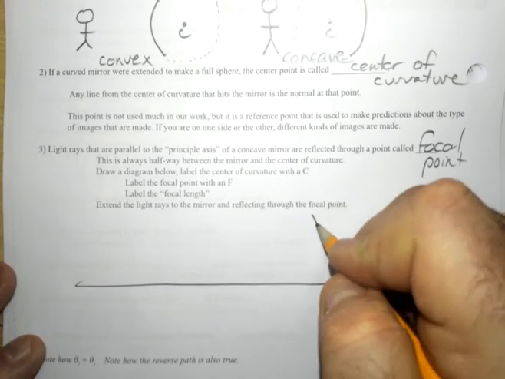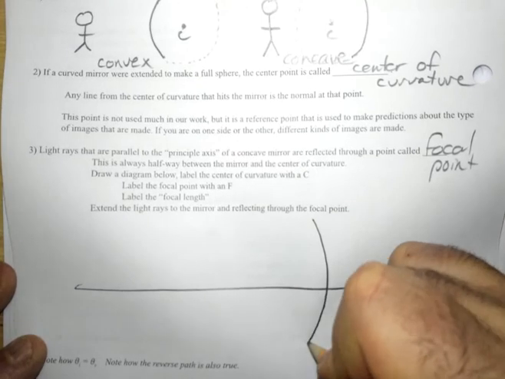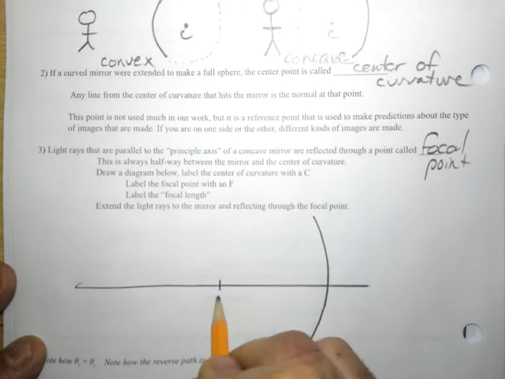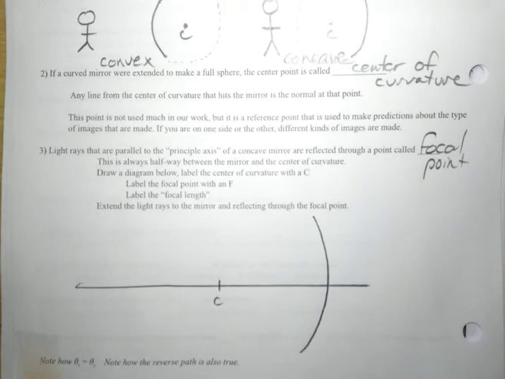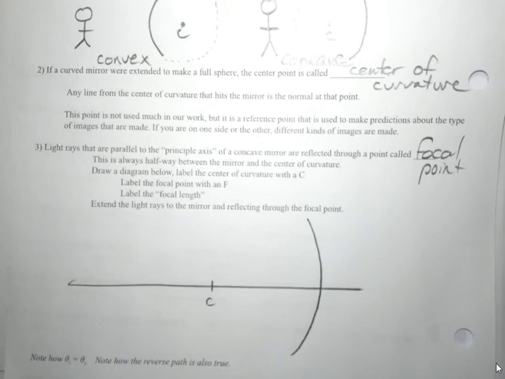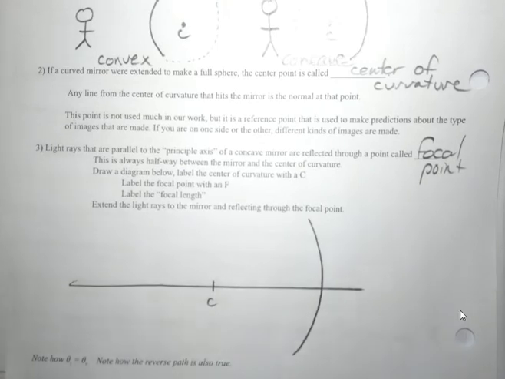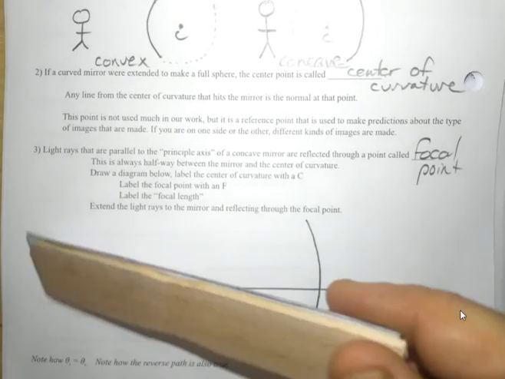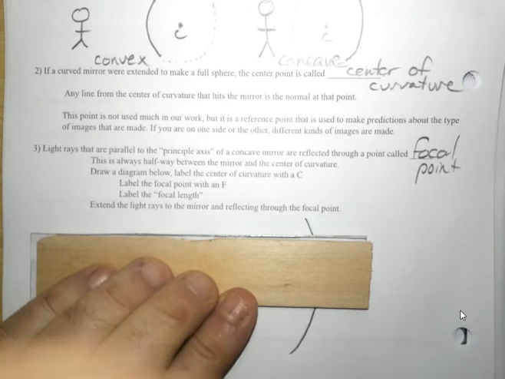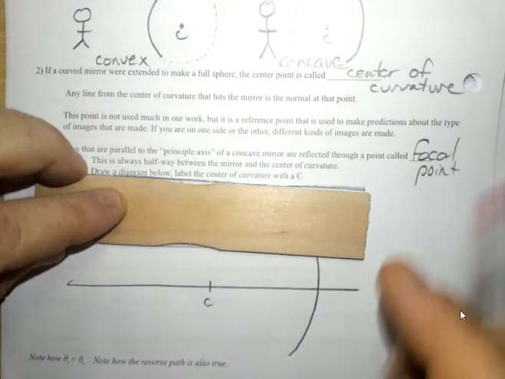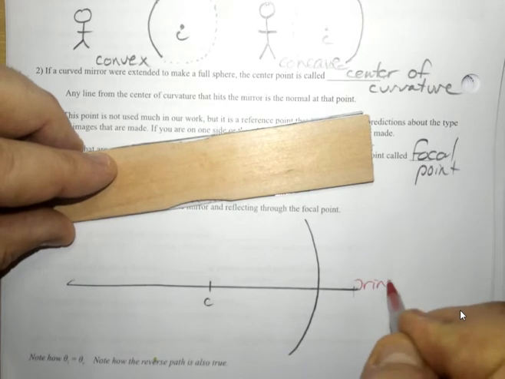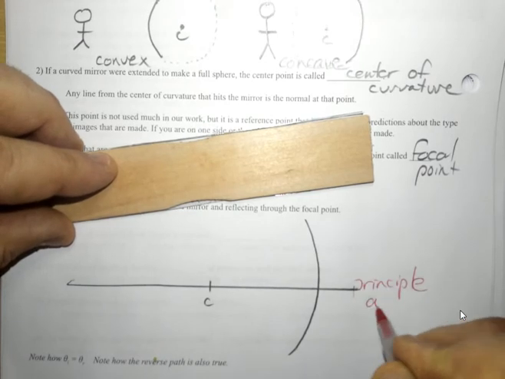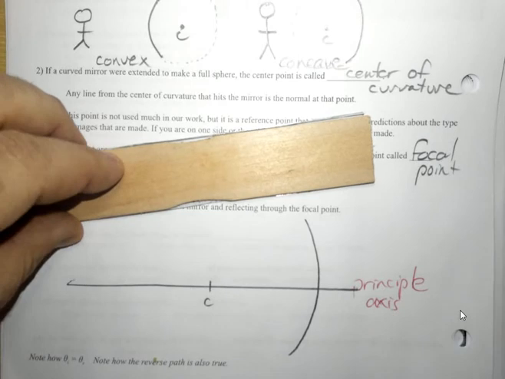So here I have a curved mirror. Here's the center of curvature. If I made this sphere a complete circle, that center would be in the middle. Okay, now let's imagine some parallel rays. This line right here is the principal axis, or oftentimes we'll just simply call it the axis.